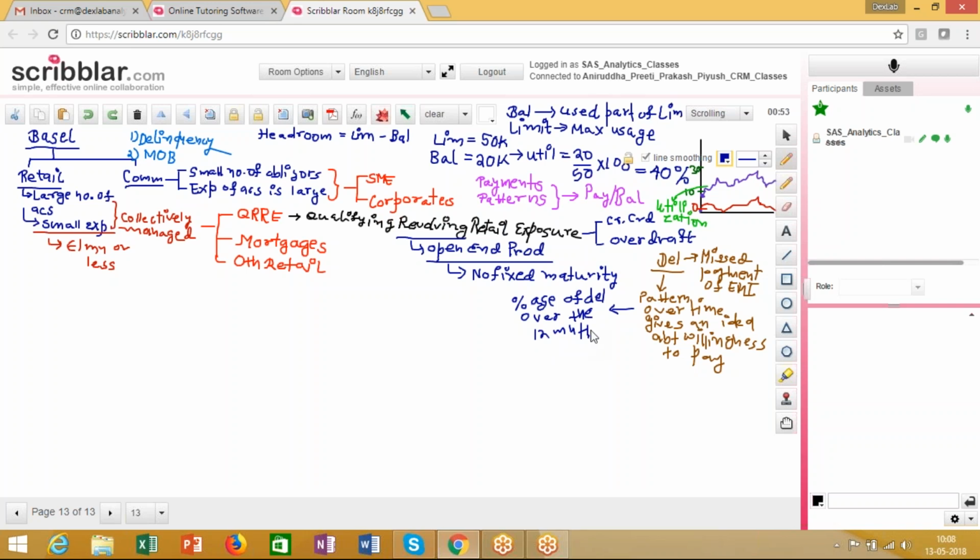Over here, what we are trying to identify is exactly what the percentage of delinquency is over the last 12 months. The greater the number of times an account has been delinquent in the last 12 months, the more risky the borrower is.